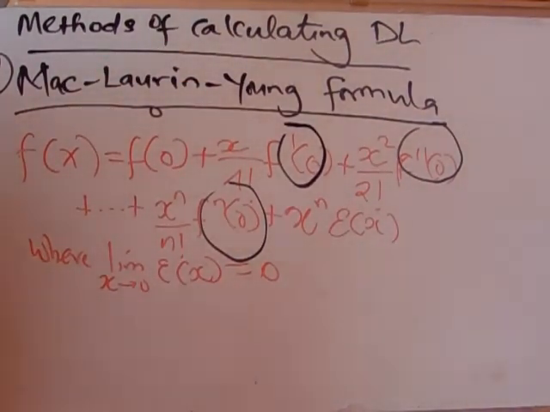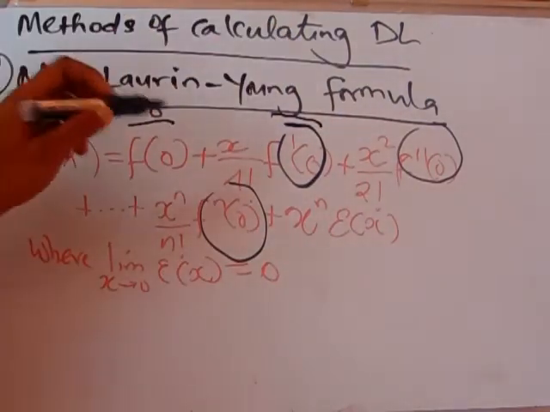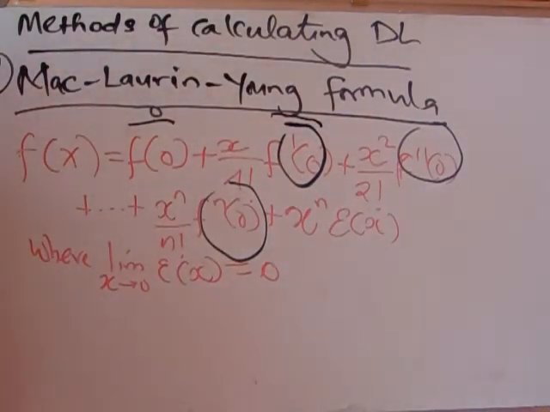So here we see that we now have to look for f of 0, f prime of 0, up to f n of 0, depending on what n you are given in the end, remember, like we said the other time. And from this formula also we can see that f of x is divided into two parts.